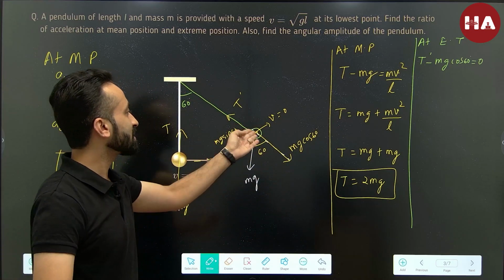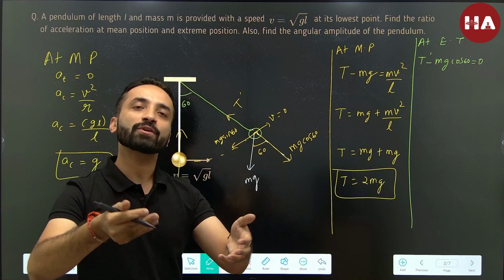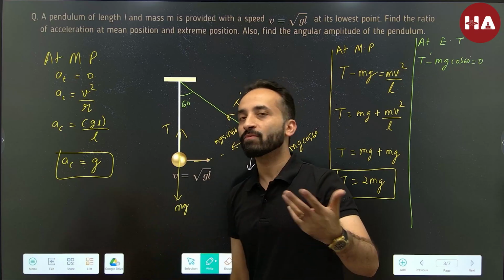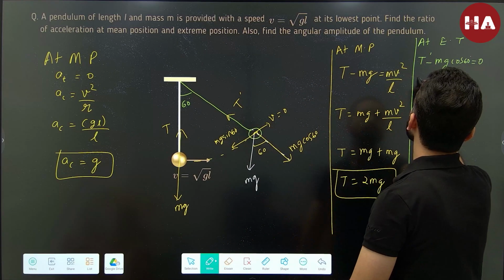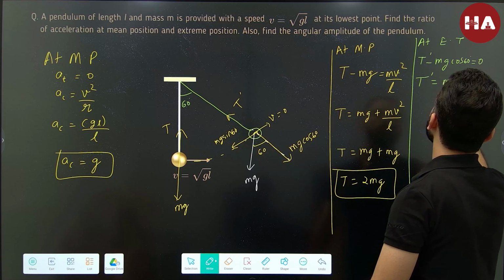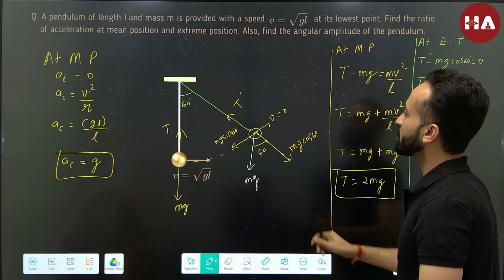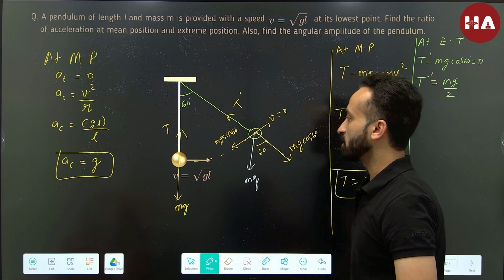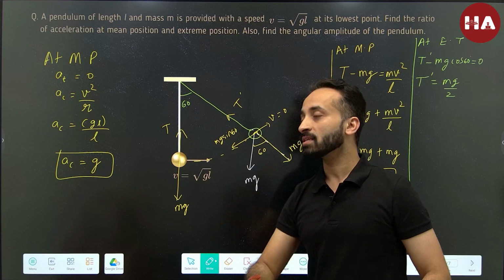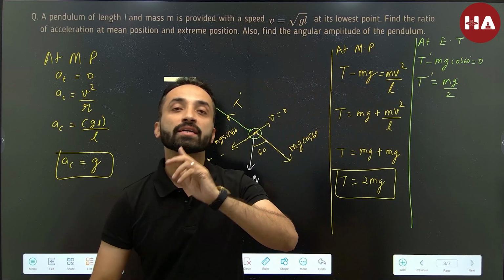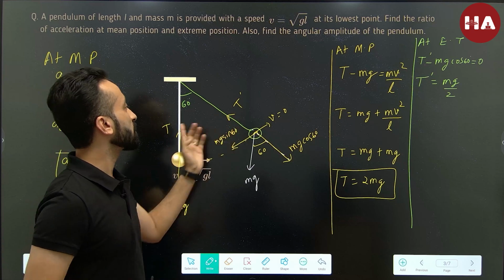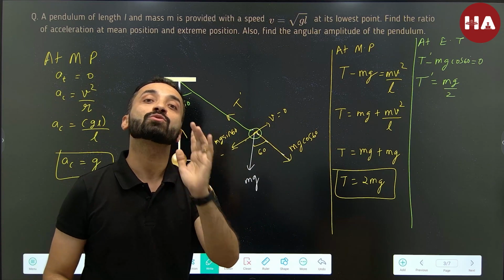Why? Because here the velocity is 0. So even if you write mv square by r, the value is going to be 0 because v itself is 0. So T dash turns out to be mg by 2. That is the tension at the extreme position. So the mean position tension is 2 mg, and at the extreme position tension is mg by 2. That means the ratio of tension here and here is 4:1.